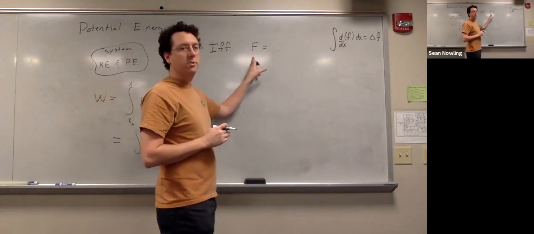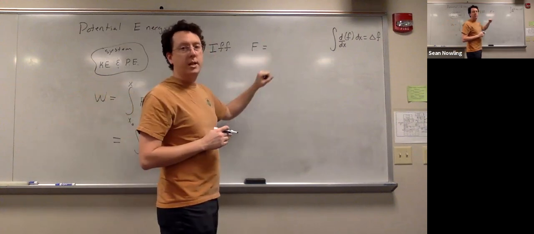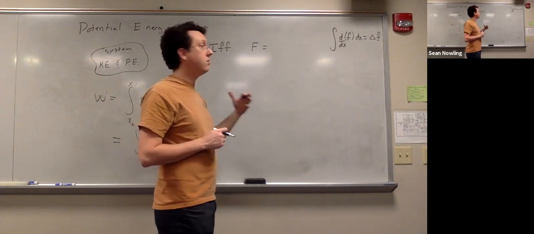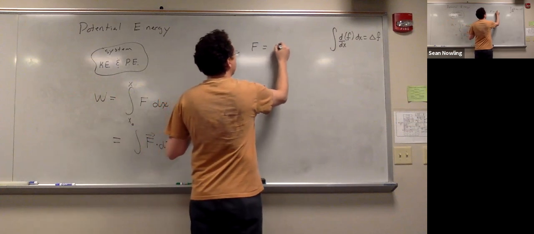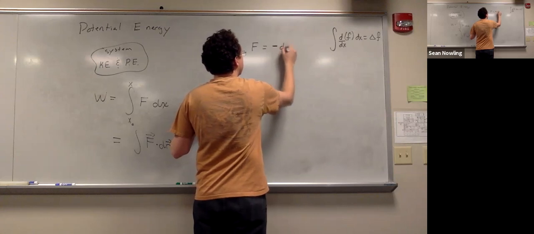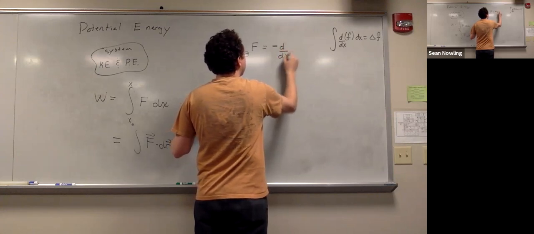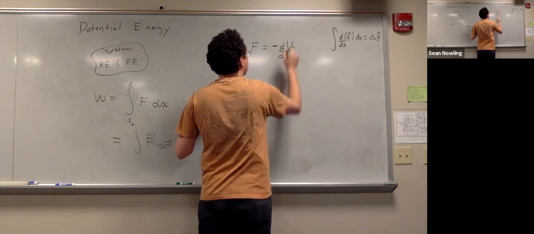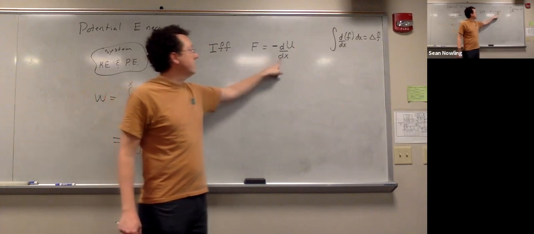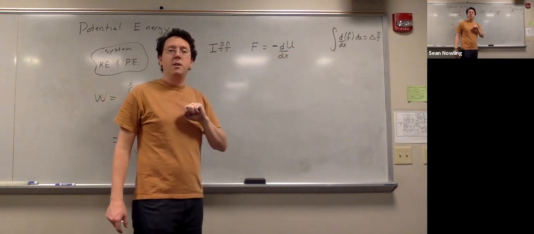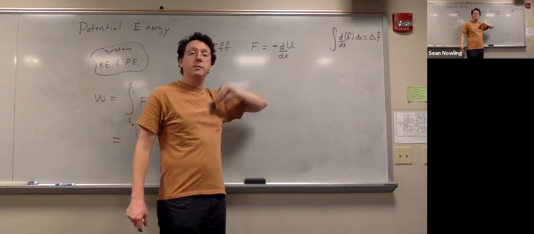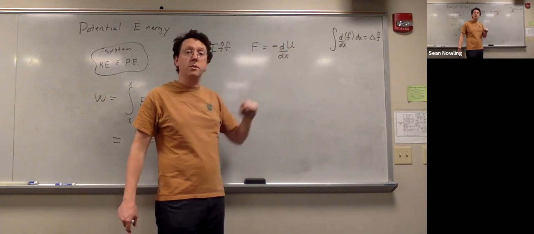If a force is associated with a derivative of a scalar function, we would say, and you actually put in a minus sign there, okay? So we say if, and only if, the force is a total derivative of a function. The function is going to be called potential energy when we're done. So U is going to be the potential energy.